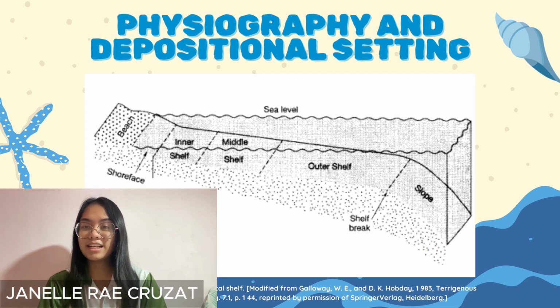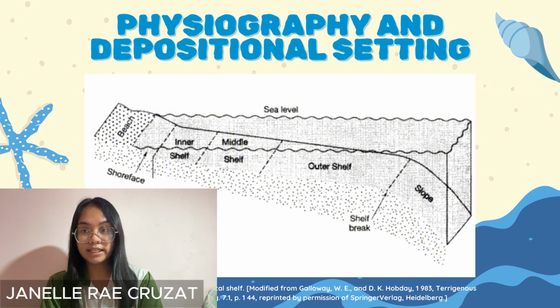Well, the shelf environment is divided into the shallow inner shelf, the middle shelf, and the deeper outer shelf. And as shown in the figure, the inner shelf can be found nearest to the shore, and then the middle shelf follows and the outer shelf comes last. The inner shelf, which extends offshore to about 30 meters deep, is shaped by tidal currents, winds, and storm waves.